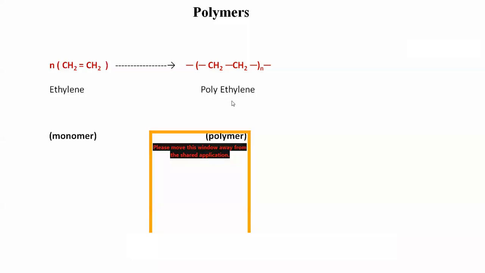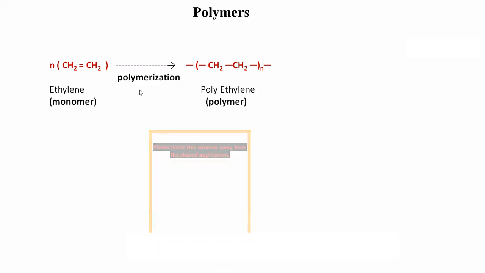So this is a polymer, and it is prepared from a monomer, and the reaction is polymerization. Now we can easily define what a polymer is. Polymers are huge molecules, meaning high molecular weight compounds. Now we have n ethylene linkages, so molecular weight is tremendously increased. If we look at the reactant, that is ethylene, we also call it a monomer.